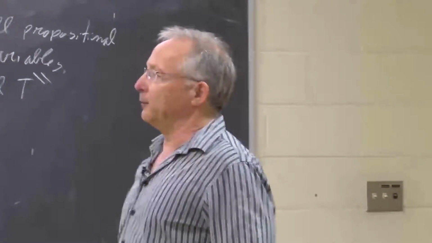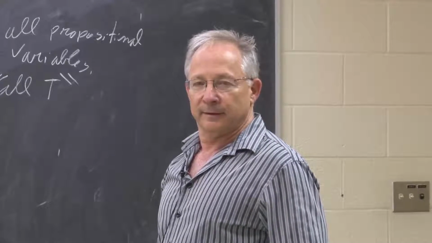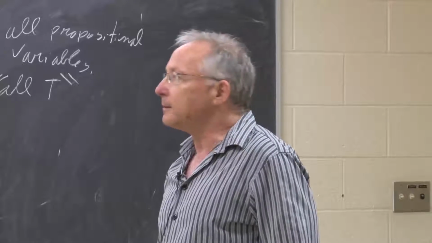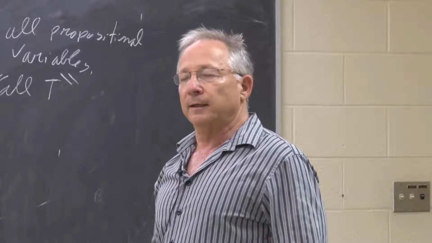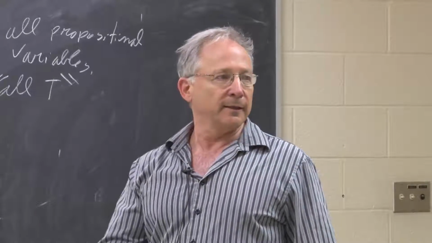So this sigma has infinitely many different truth assignments that show that it is satisfiable. Okay? So we have a semantic notion about sets of formulas: this set of formulas is satisfiable.